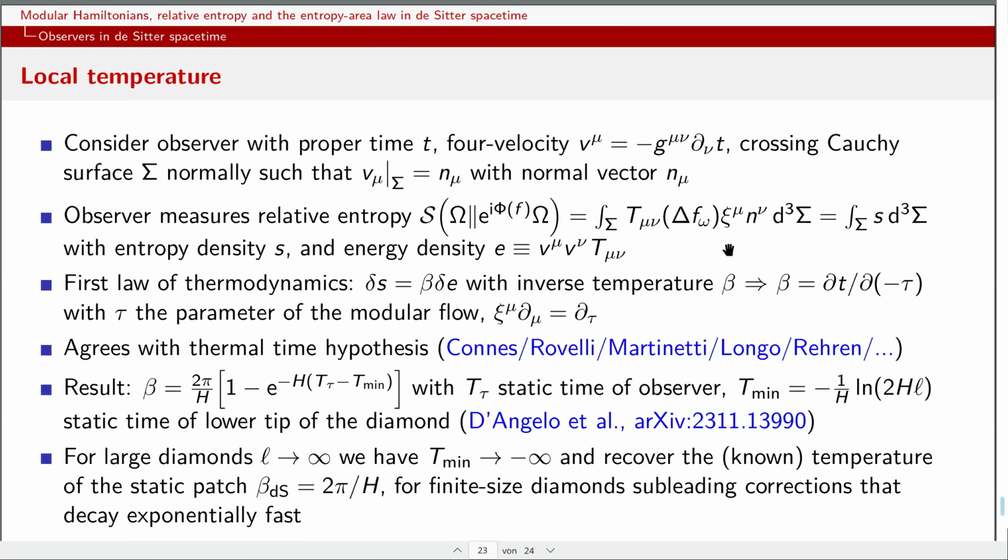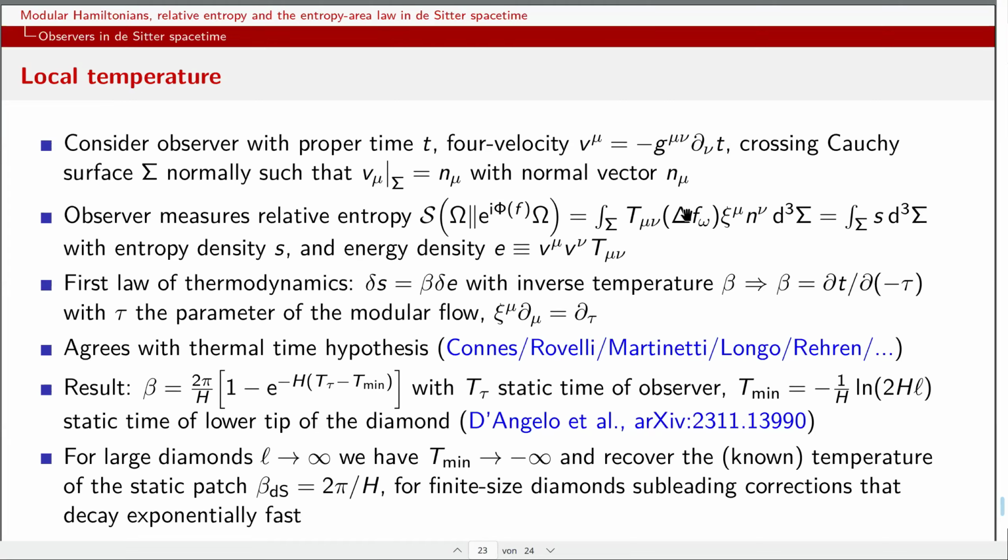So we can view this integrand as an entropy density. It's the local density of relative entropy that the observer sees. And of course, the observer also sees an energy density, which is nothing else but the stress tensor contracted with two four-velocities.